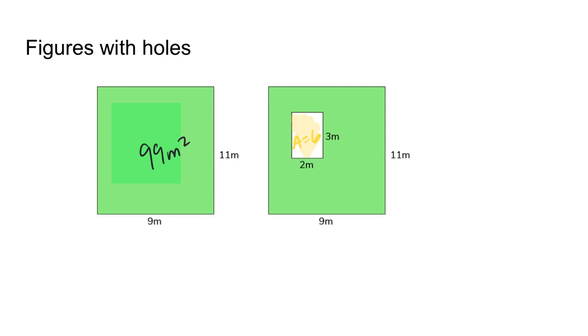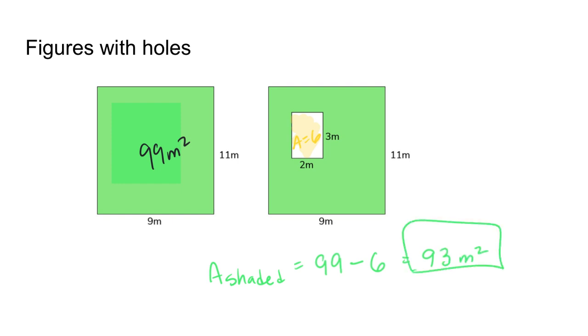So what's the area of just the shaded part? The area of the shaded figure is that full 99, and I'm going to subtract away that hole that has the area of 6 to get a total area of 93 meters squared. And that's all this shaded area with that hole taken out of it, literally subtracted.